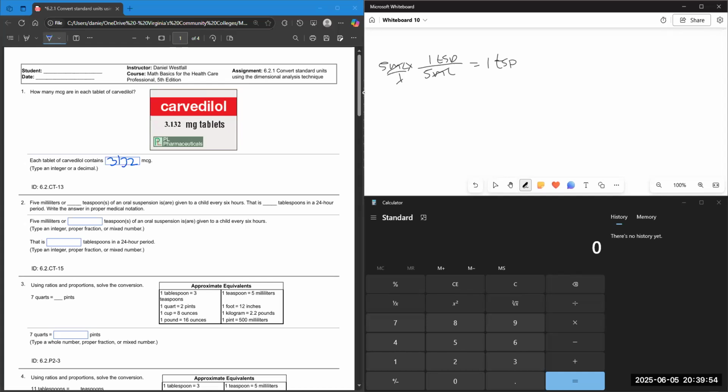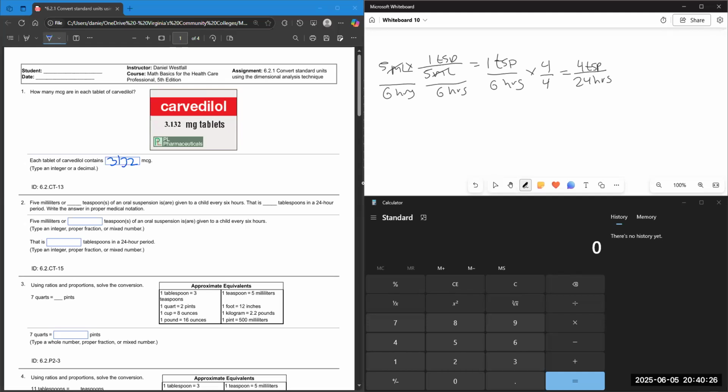So 5 milliliters every 6 hours. And how many is that in 24 hours? So 6 times 4 will give me 24 hours. So that's 4 teaspoons in 24 hours.